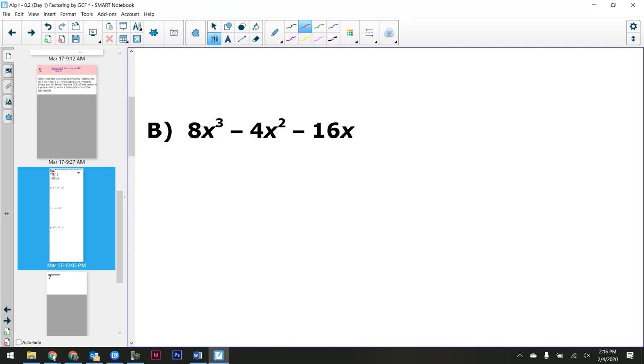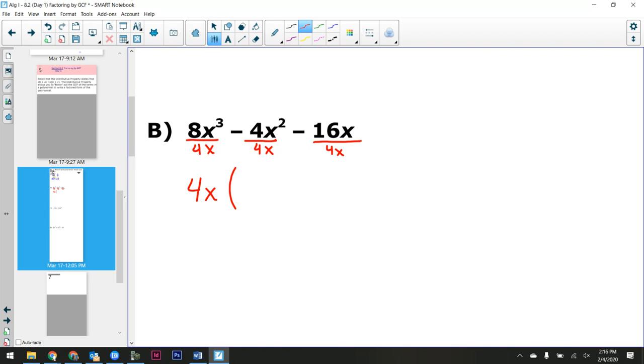Do they all share an x? So the GCF is 4x. Why not 4x to the second? Right, not all of them have the second power. You always go with the smallest power on x. So what do we do with it? Well, we divide out our GCF.